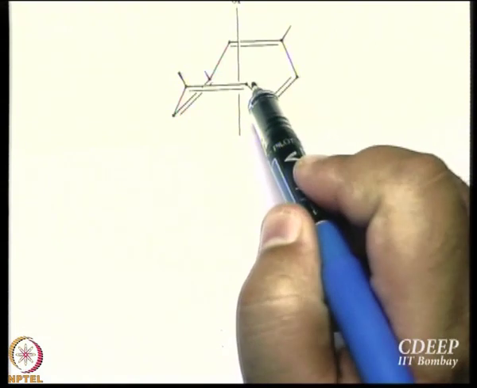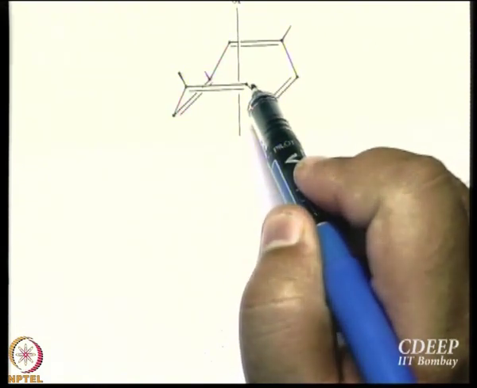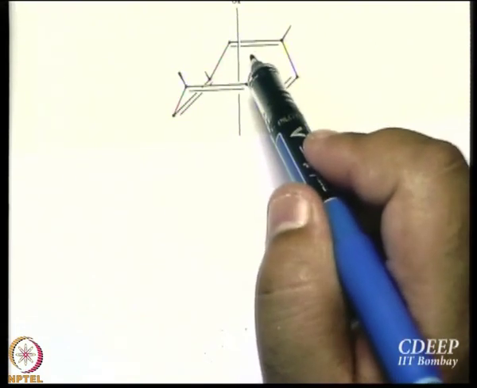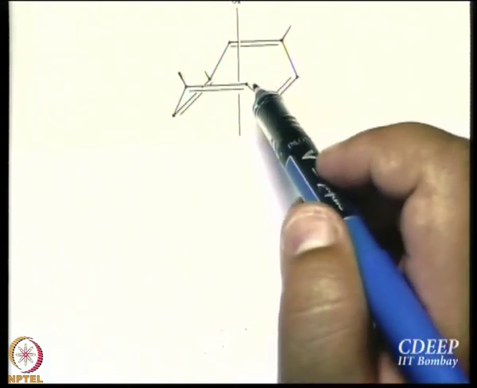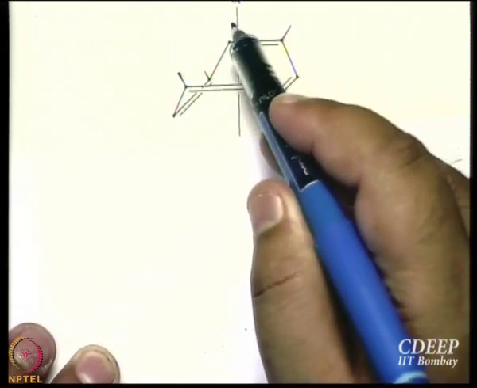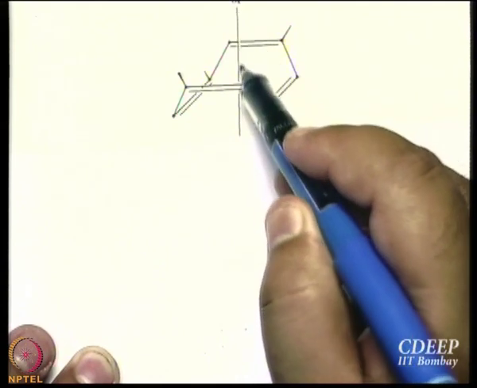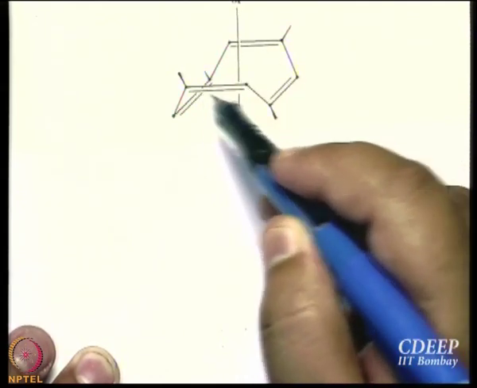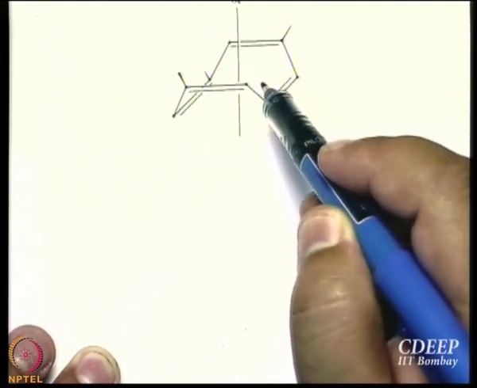You turn by 90 degrees, what will happen? This will come, will it come here? Just turn by 90 degrees. What will the molecule look like with respect to this axis here, if you turn by 90 degrees?